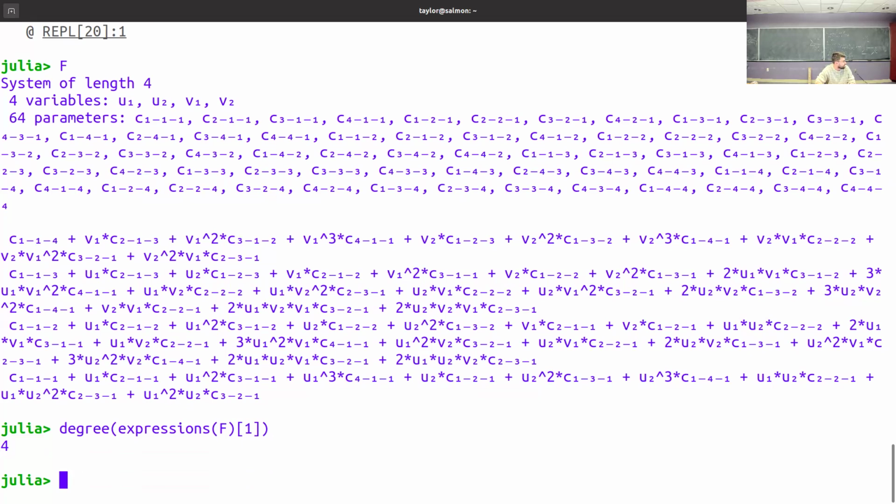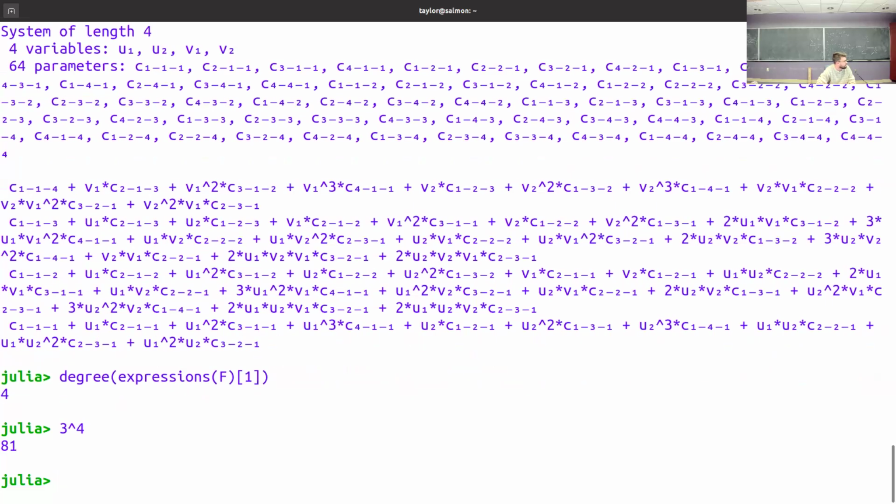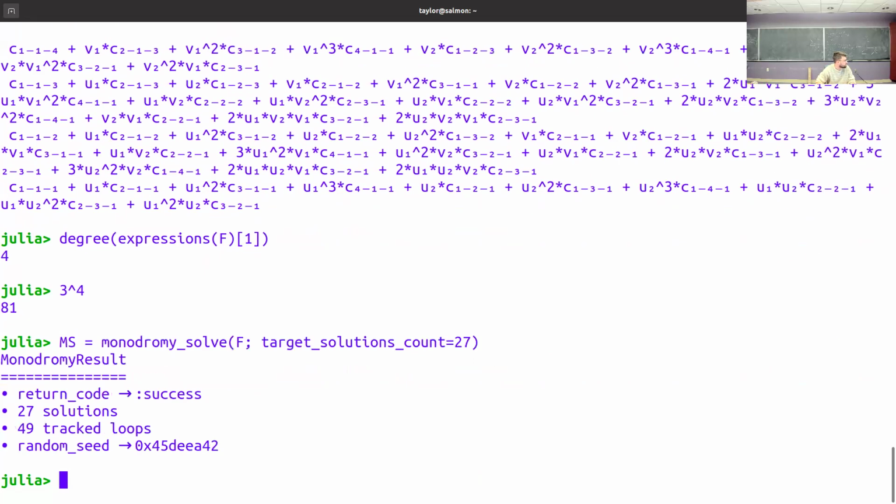Okay, so all of these polynomials have degree 4. No, sorry, they're degree 3 in the variables. They're all degree 3 in the variables. So we have 3 to the 4th. Great, 81 is the Bezout count. Okay, so instead of tracking 81 paths, this only had to track 49 paths.